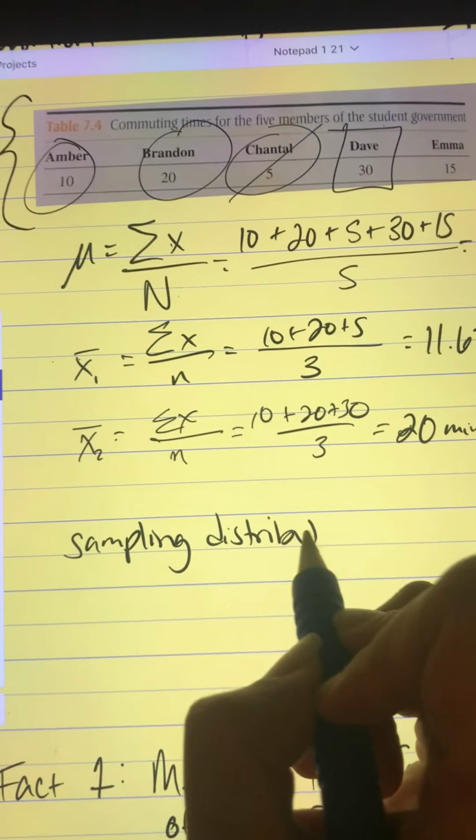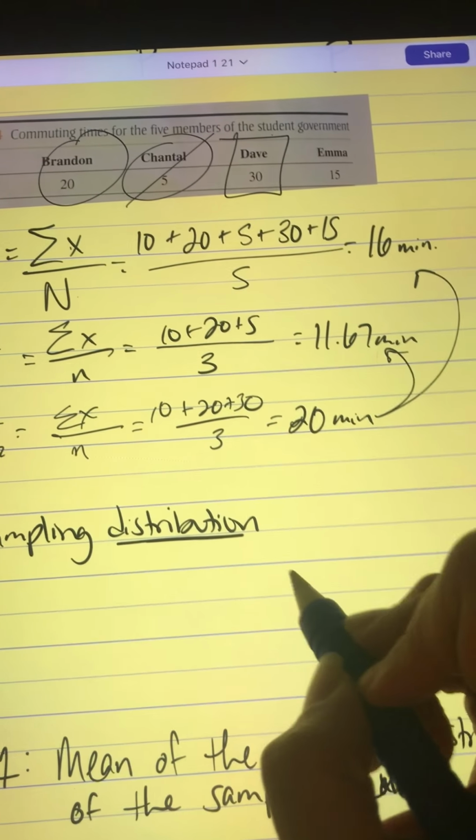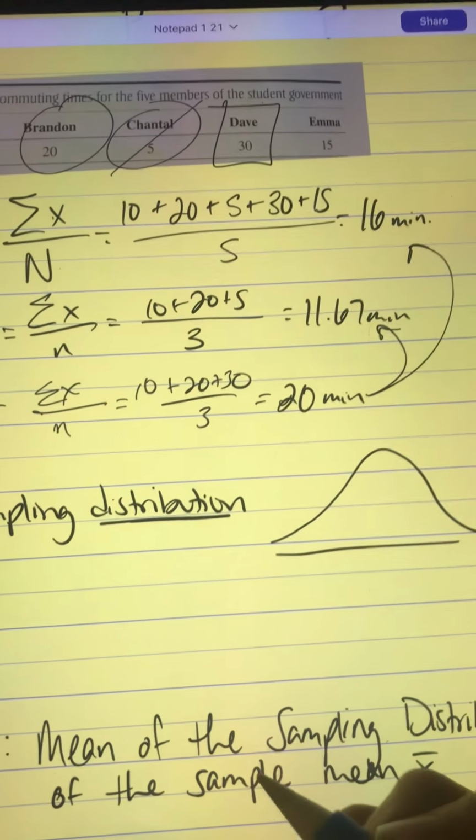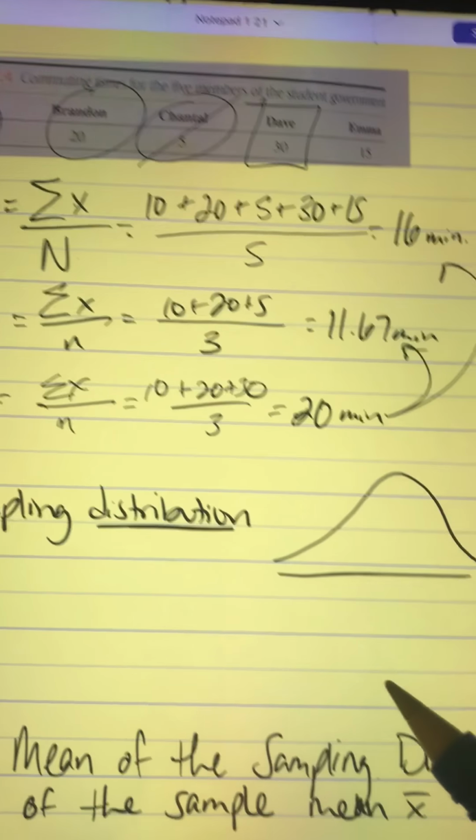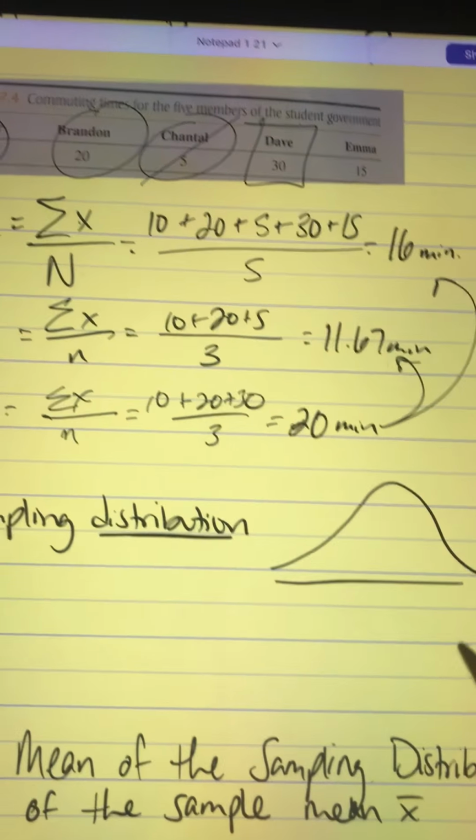It's just a display of where we should expect things to be. Where we've seen this term before, distribution, is in a normal distribution. We won't always have that, but we have some certain facts that will allow us to talk about sampling distribution. So let's look at what those are.